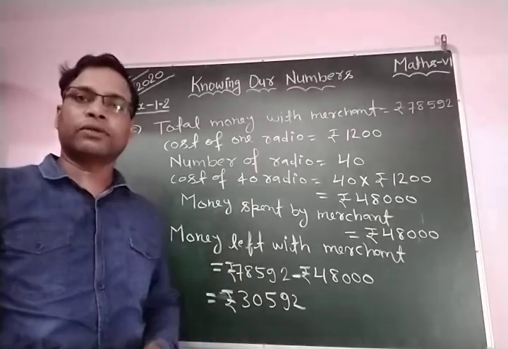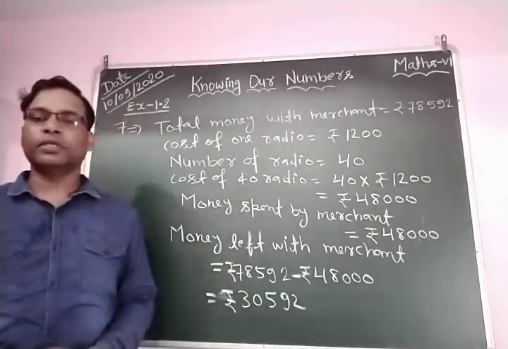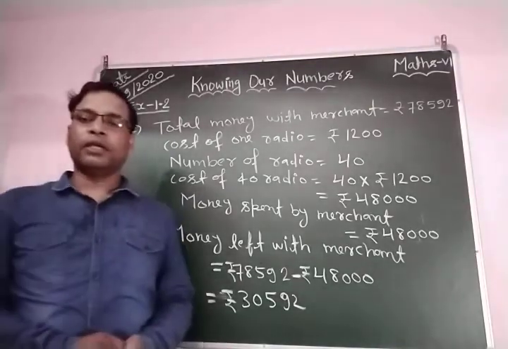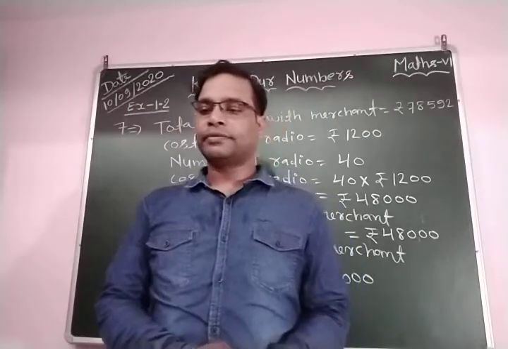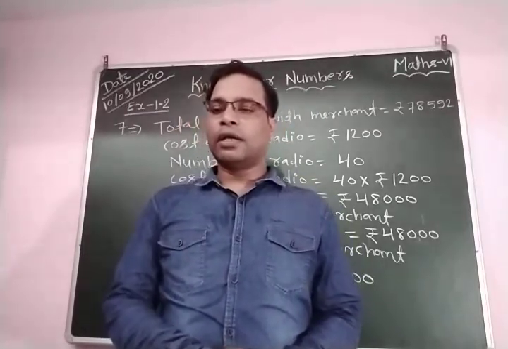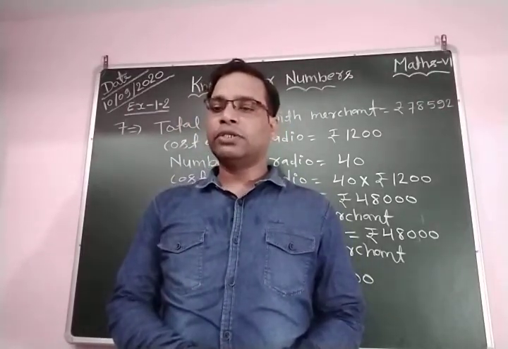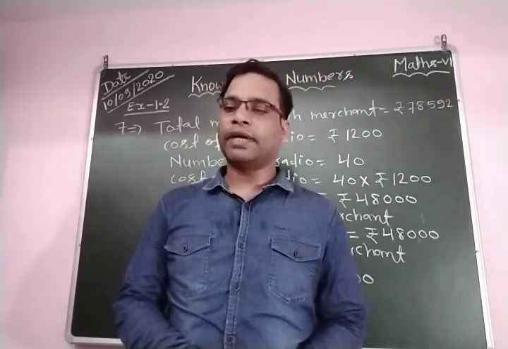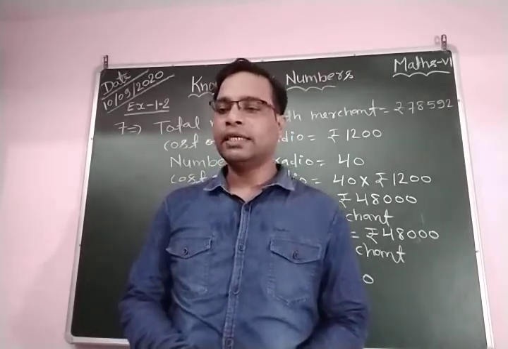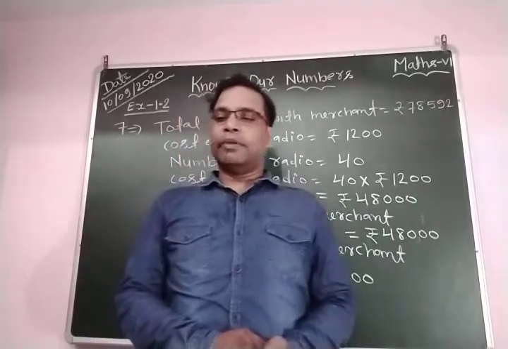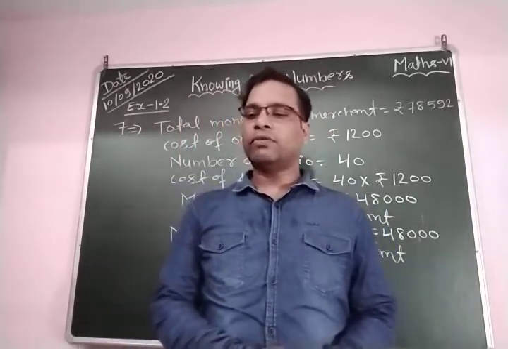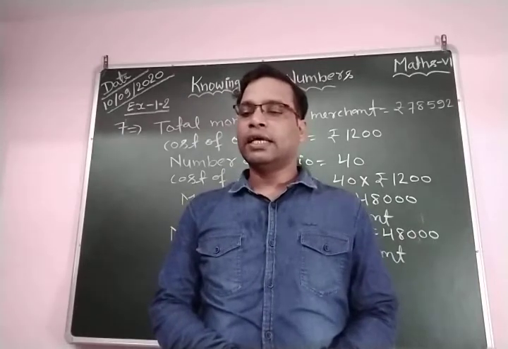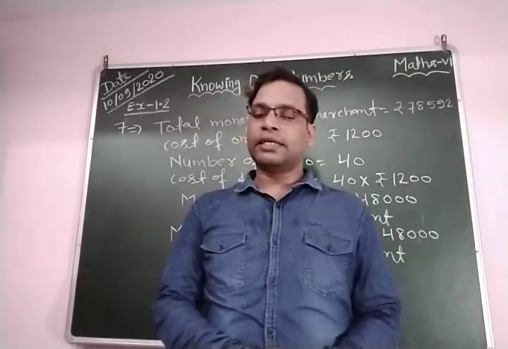Now we are going to discuss the next question, question number 8. A student multiplied 7,236 by 65 instead of multiplying by 56. By how much was his answer greater than the correct answer?